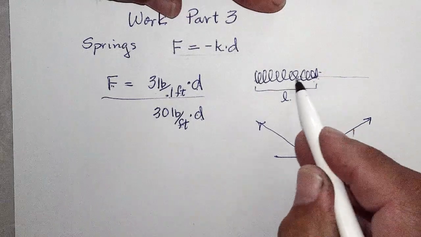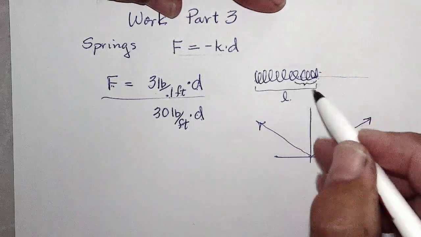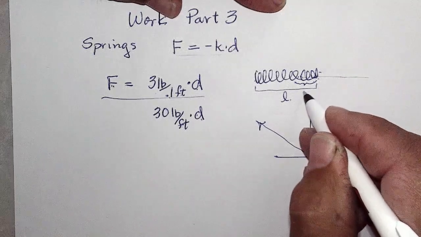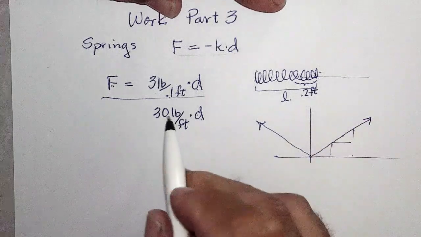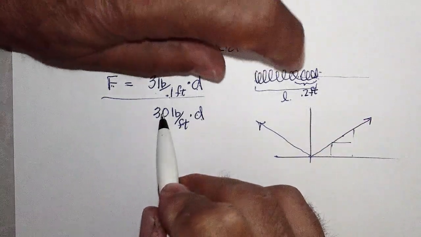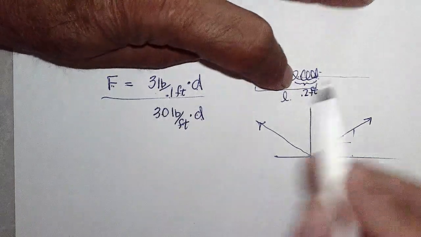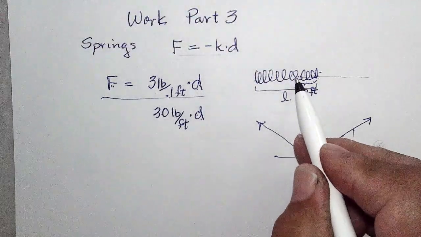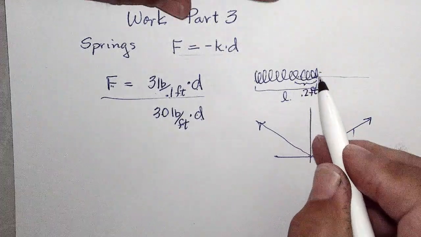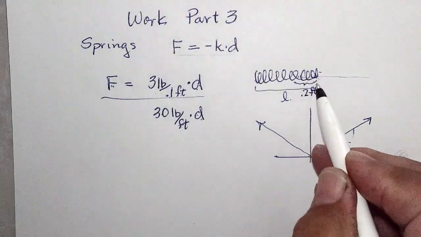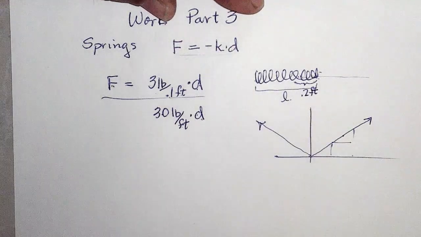So if it's compressed a distance of, let's say, 2/10 of a foot, you take that times there, and that's how much force it takes to get it to that position. So the work you put into this, which gets stored as potential energy, can get released when you let go. The work is neither positive nor negative to really worry about, so don't worry about that negative.